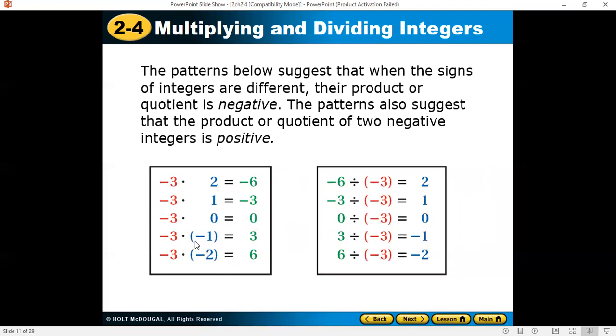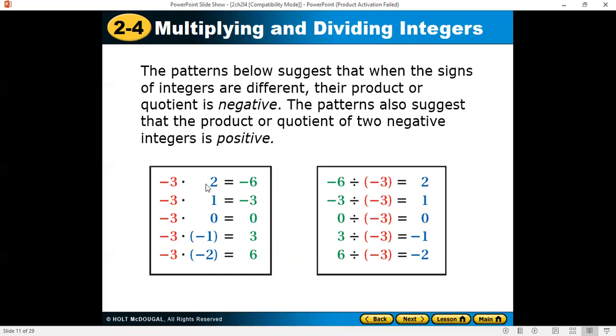When you have the same sign, the first is negative and the second is negative, the answer will be positive. Also when you have negative and negative, the answer will be positive. Look at the opposite side. Negative 6 divided by negative 3 will equal 2. Did you see this one?